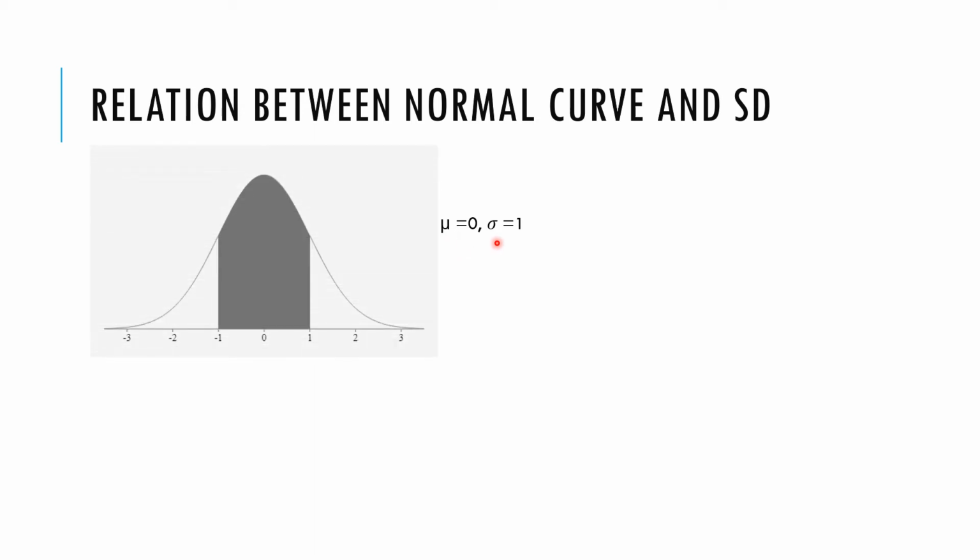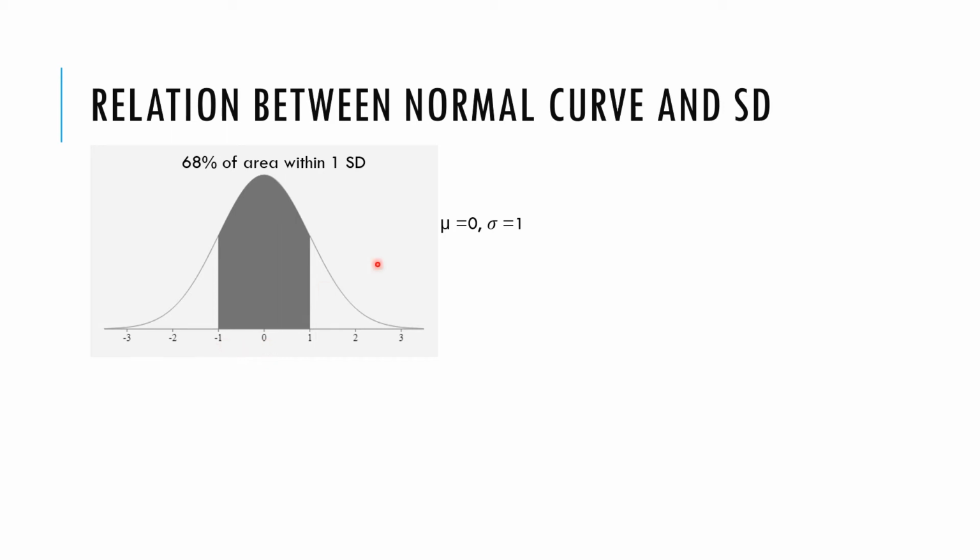So now let's look at the relationship between the normal distribution curve and standard deviation. So we are plotting a normal distribution curve with mean 0 and standard deviation 1. This is the first example. What happens is 68% of the area of this curve falls within one standard deviation from the mean.